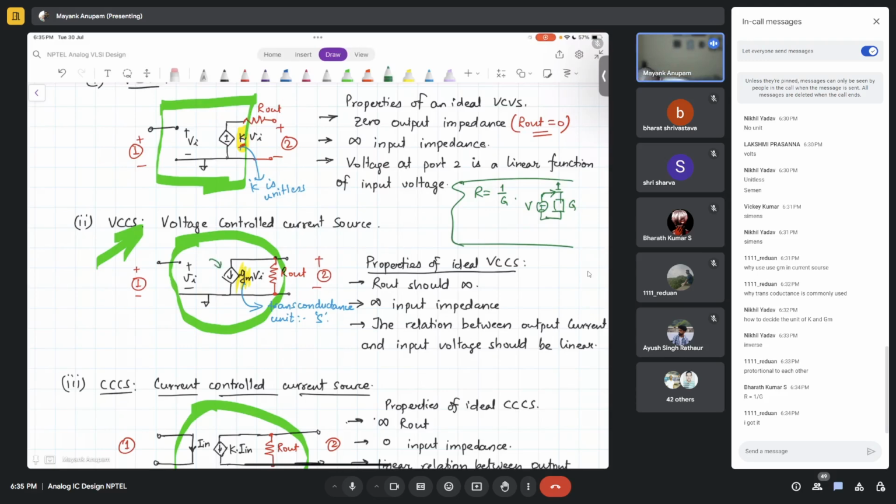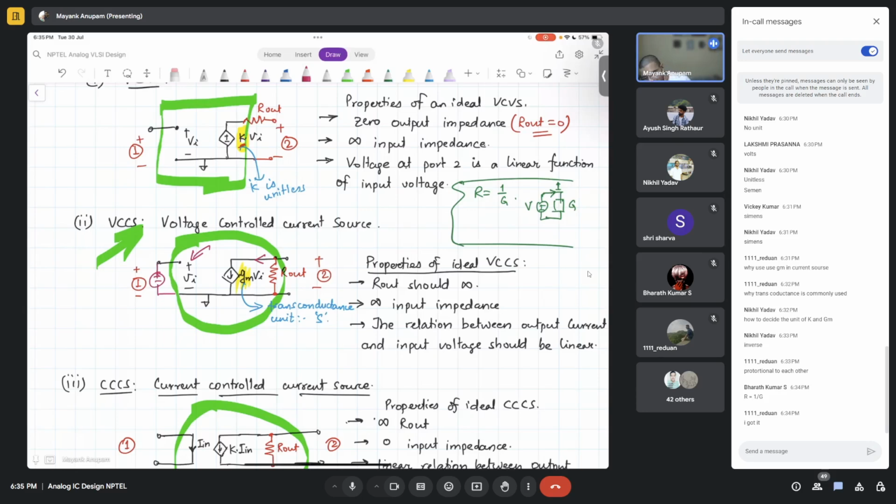Why is this called a transconductance? It is because you apply a voltage at a certain point, but the current comes at a different point. Get my point? So this is where you applied a voltage, but the current is not coming here. The current comes somewhere else, from the other terminal.